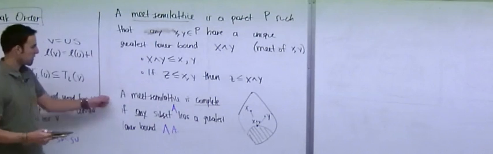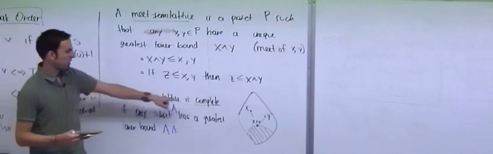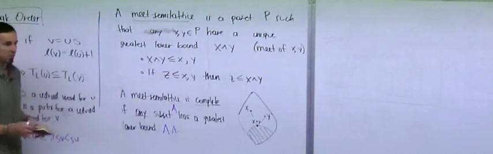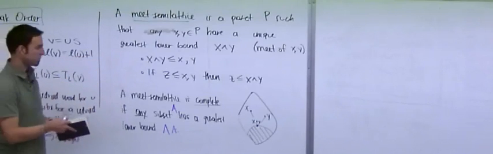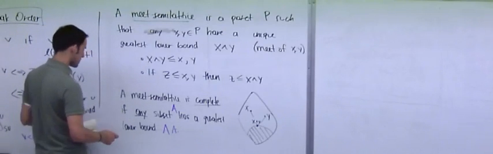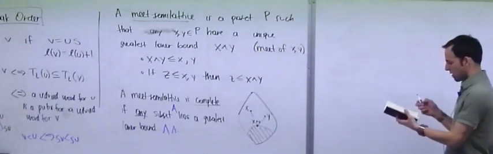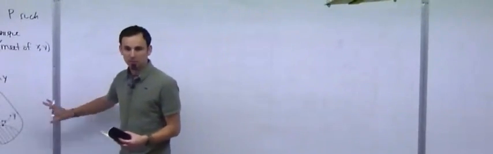Now you might wonder whether this implies this, but if I'm bothering to put an adjective here, that must mean that this doesn't imply this. And so maybe a nice exercise for you guys is to find a meet-semilattice which is not complete. But what I want to prove is that the weak order is a meet-semilattice and it is complete.